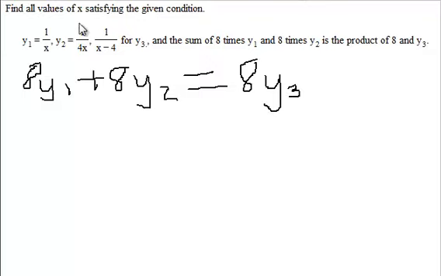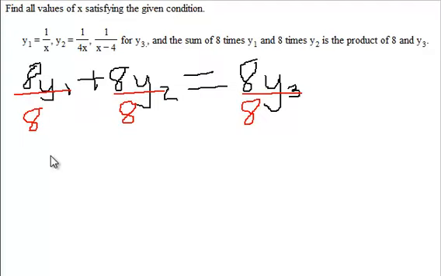Since every term contains a factor of 8, we can actually divide that factor right out of the problem. And when we can do that, it always makes our work easier.